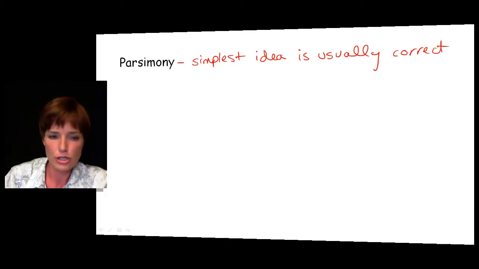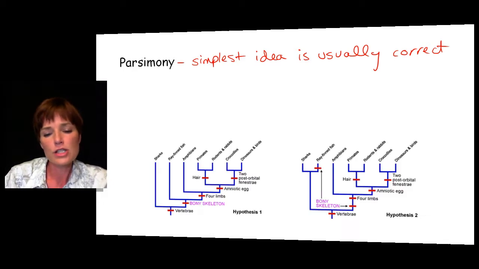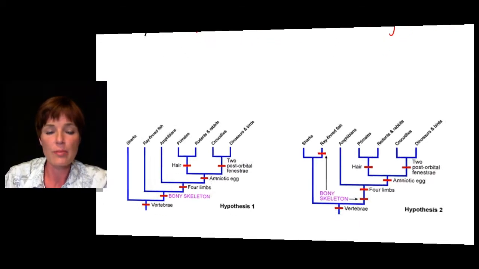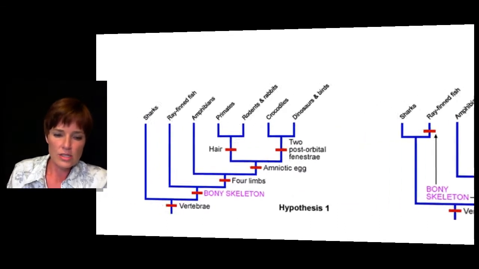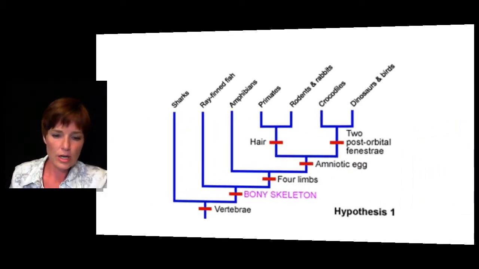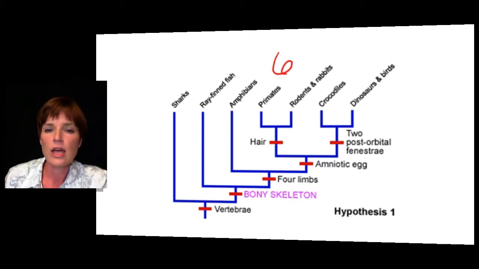If we look at two different examples here, we have hypothesis tree number 1 and hypothesis tree number 2. The little red marks that you see here indicate the number of evolutionary changes that would have to take place for each of those trees. And this is with us comparing the shared derived characteristics. In hypothesis number 1, if you count the red lines, we've got 6 total evolutionary changes that would have had to take place.